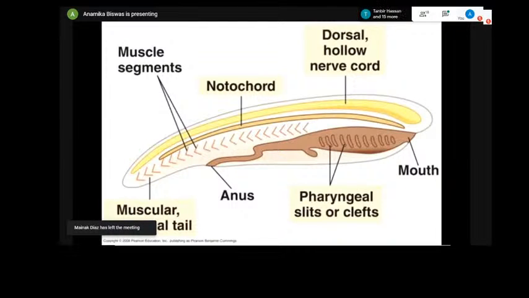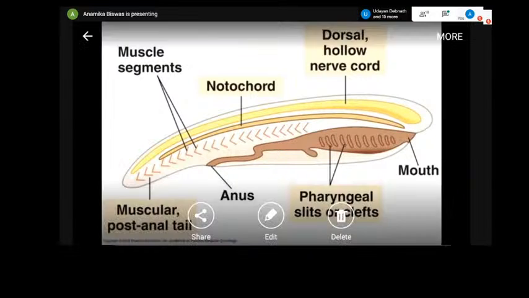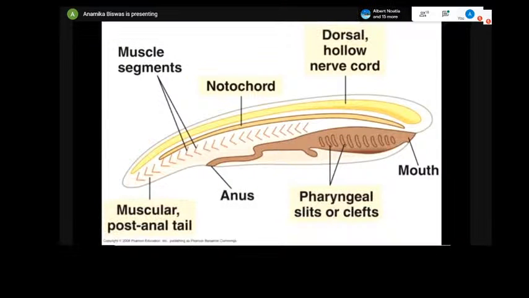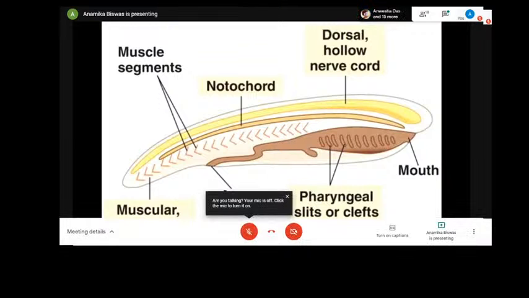Next is pharyngeal gill slits. In this brown colored structure, you can see that some openings are there. These are paired openings formed on the lateral side of the pharynx that communicate to the exterior. They are derived from the endoderm layer, and they help in respiration.